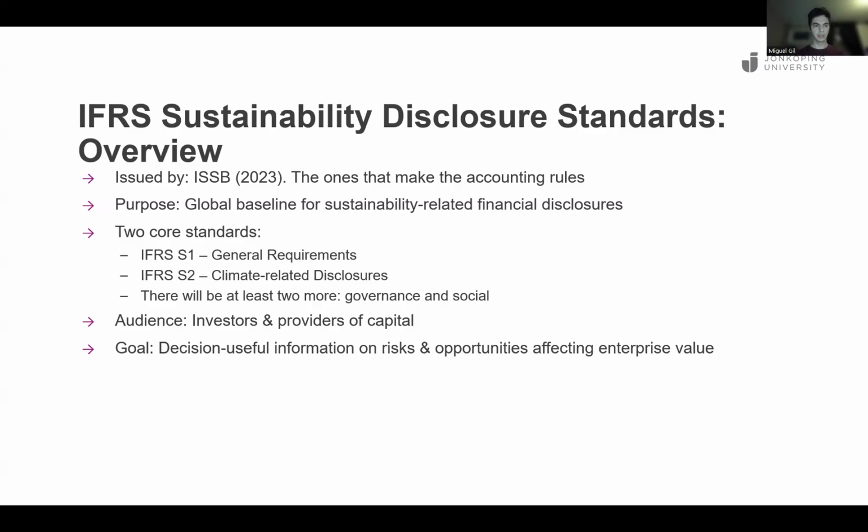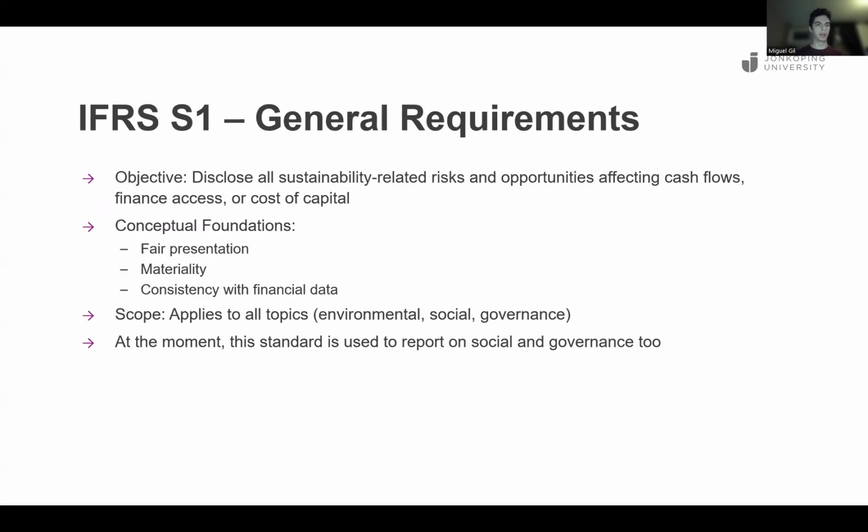So let's discuss the first one, IFRS S1, the general requirements. The idea of this first standard is to define important concepts that are relevant for reporting, and we have that at the beginning of the lecture. So it is about fair presentation, materiality, the scopes. If you read this, you will get the definitions of these very important concepts.